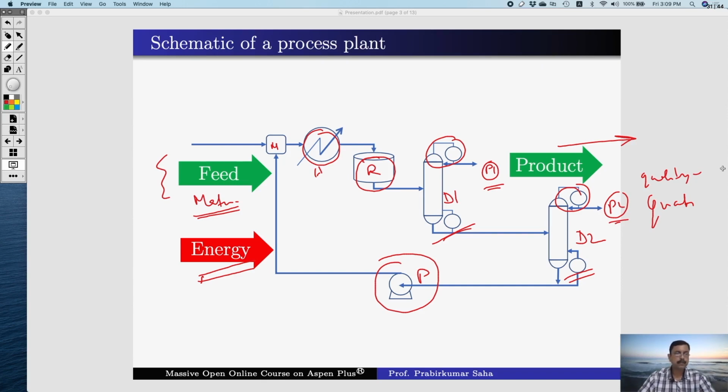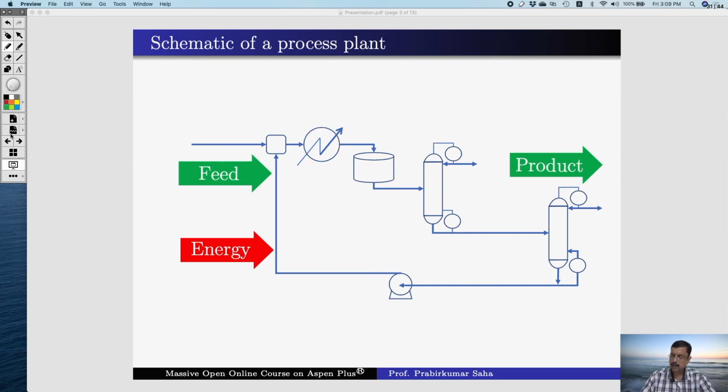Now, whatever we have in the process plant, what could be the major tasks of a process engineer out of it? What may be the duties? The first one, we may have to design a new plant. This plant may not be in an existing condition.